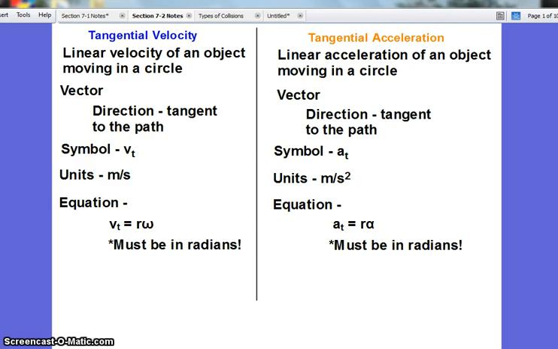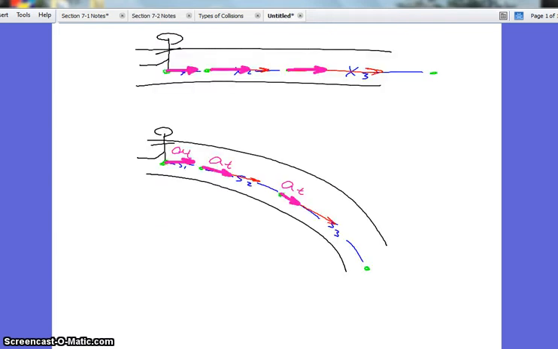So tangential acceleration is really just our old idea of acceleration, but now it's going to be along a circular path. It's still a vector, so the direction is tangent to that path. Symbol is a sub t, and it's meters per second squared for a unit. The equation, we see a similarity here. We see a pattern. Again, if I take this velocity and divide by the time, we go back to our screen here, we can derive this again.